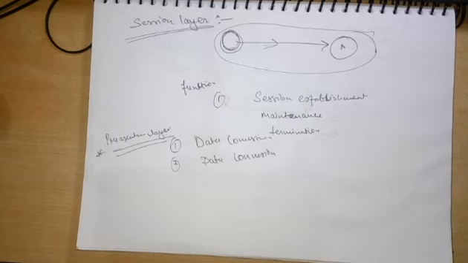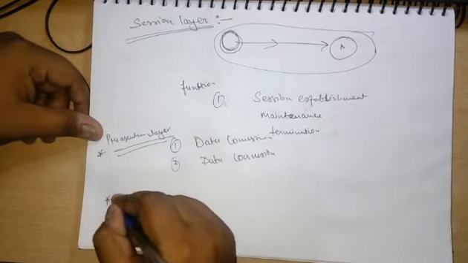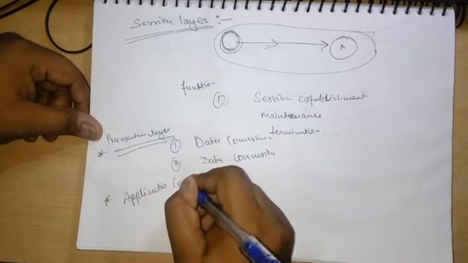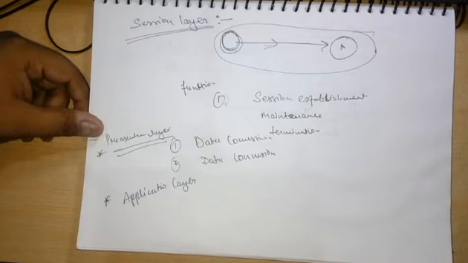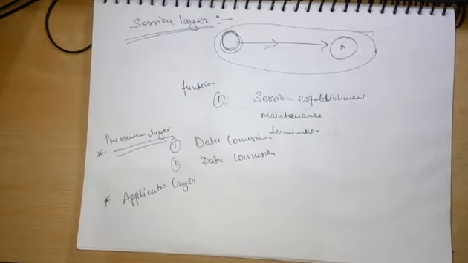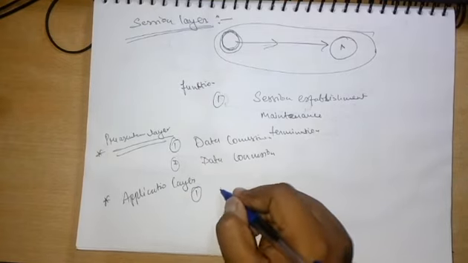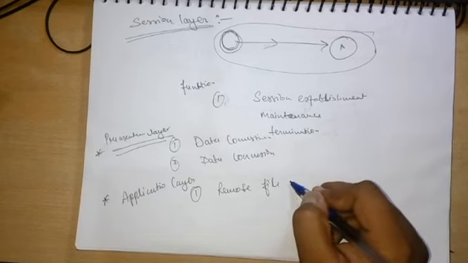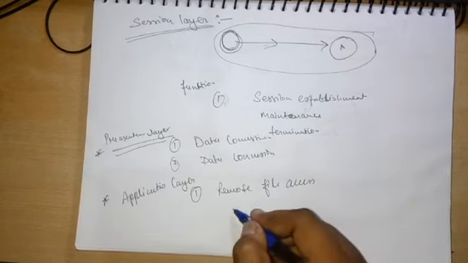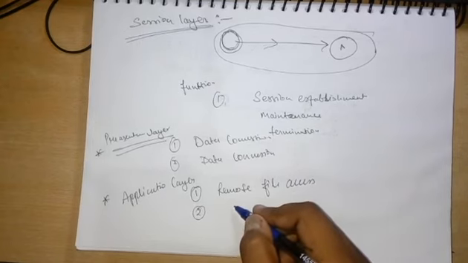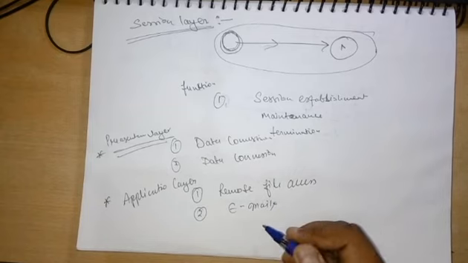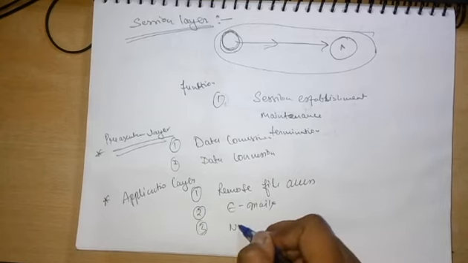So the last layer is the application layer, the seventh layer. The application layer provides different services to the application, such as remote file access, electronic messaging, or we can say email, and network management.